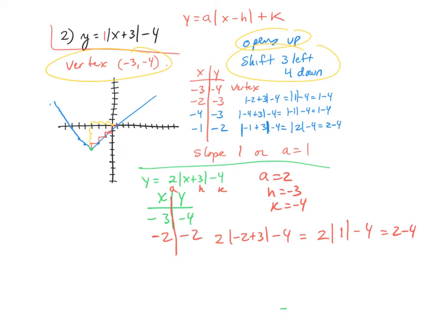So at -2, I'm at -2. Same thing will happen over here. So what happens is I'm going up 2 over 1. I'm going to go up 2 over 1.